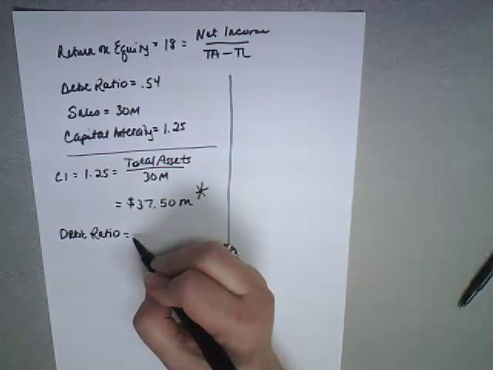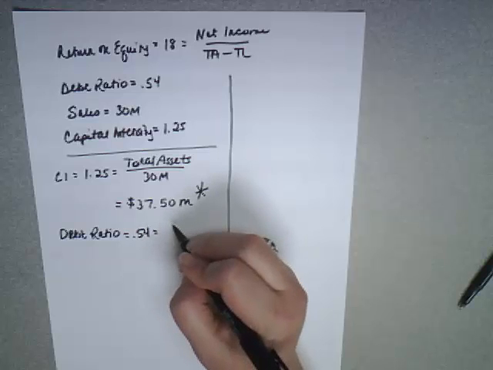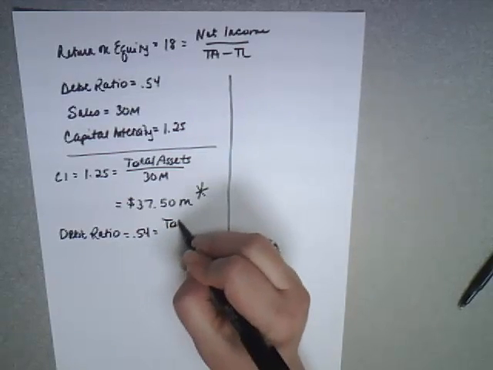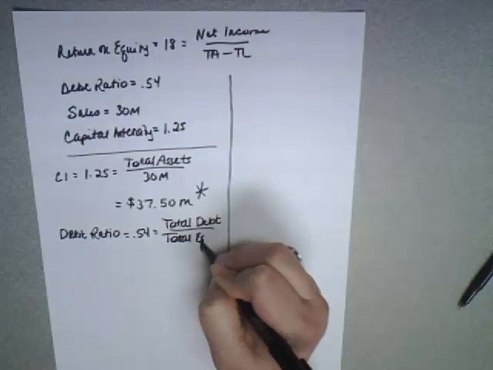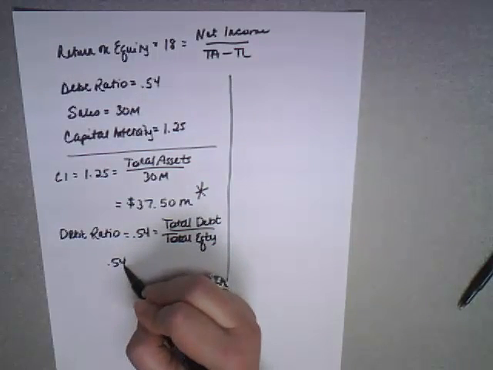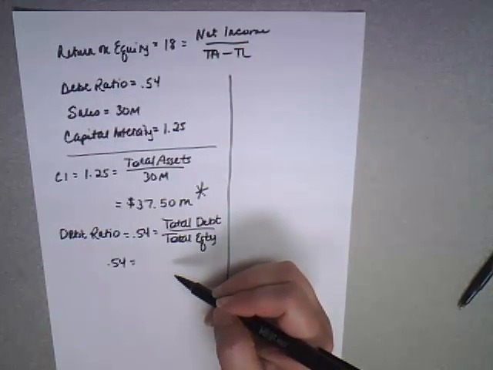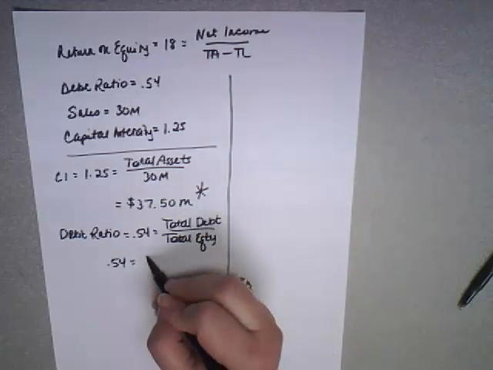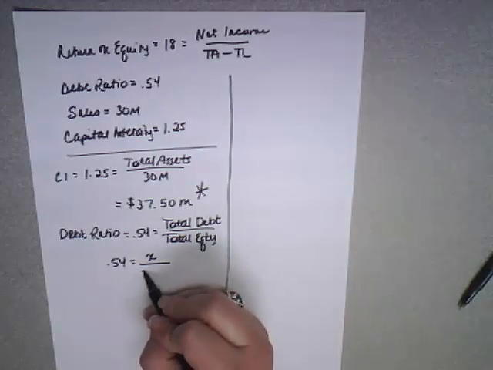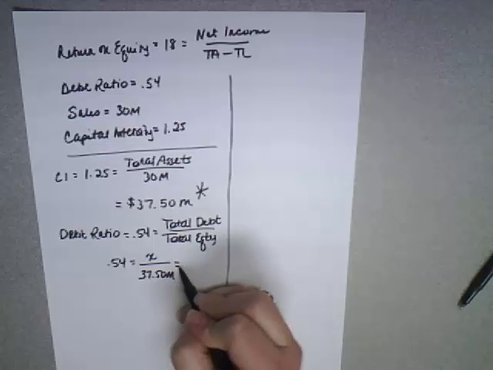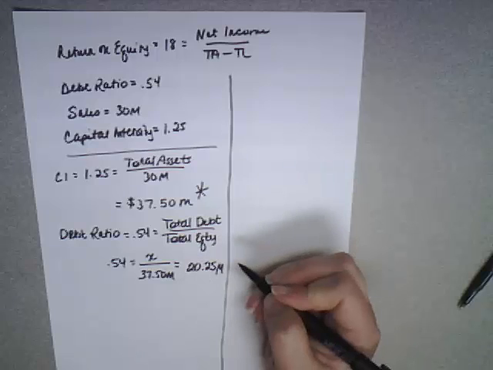We know that our debt ratio is 0.54, and the debt ratio is total debt divided by total assets. So total debt divided by total assets, 0.54, which we know to be $37.5 million. And when we cross multiply this and solve it out, we end up with $20.25 million.